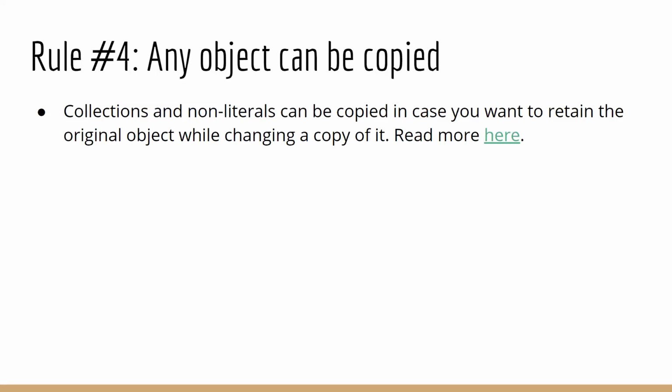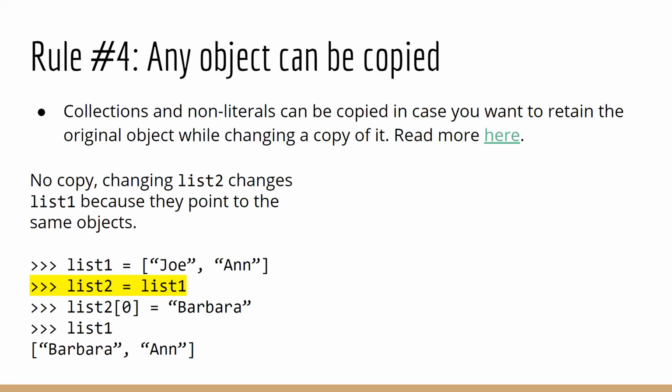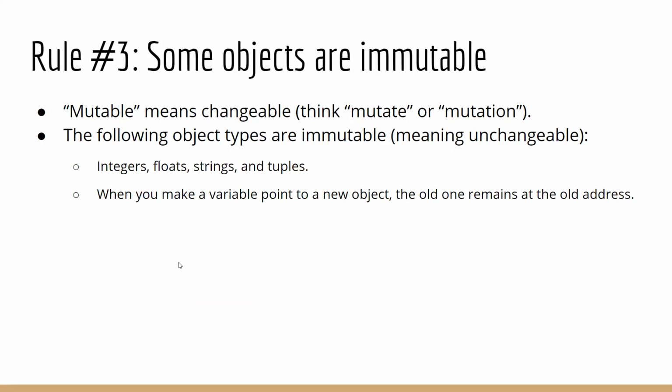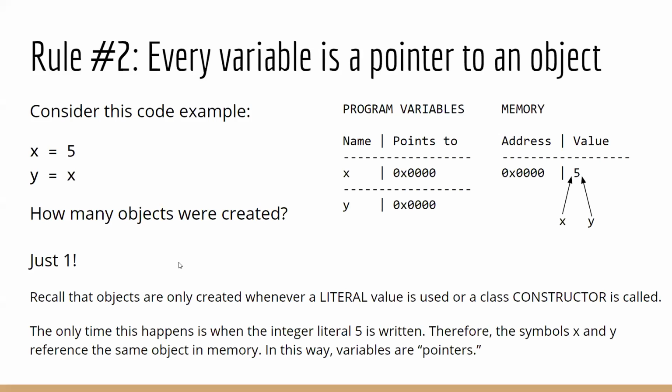The example is the most useful part of this. So let's say I had a list of 2 names, and then I made a second list that was equal to the first list. Now, in that previous example we saw for rule number 2, when I set y equal to x, there wasn't a new object created.